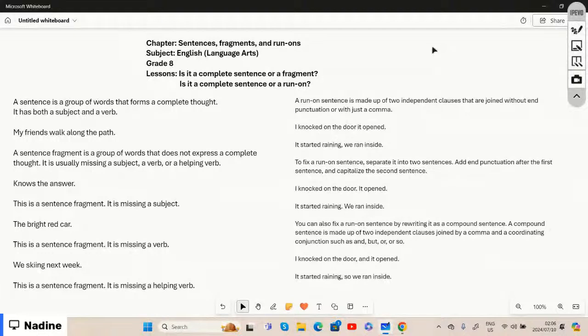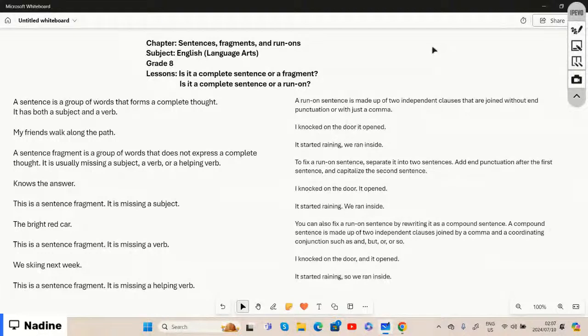All right. So a sentence is a group of words that forms a complete thought. A sentence needs to have both a subject as well as a verb, basically one subject and one verb, unless it's two people doing one thing.